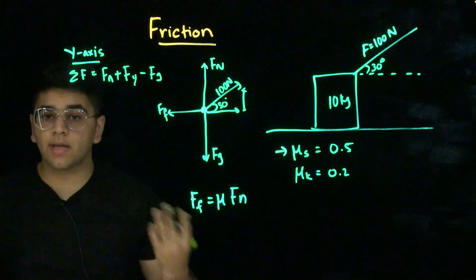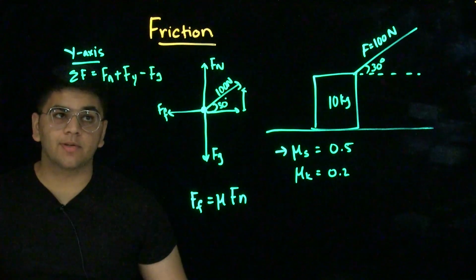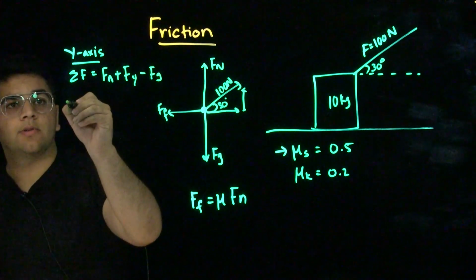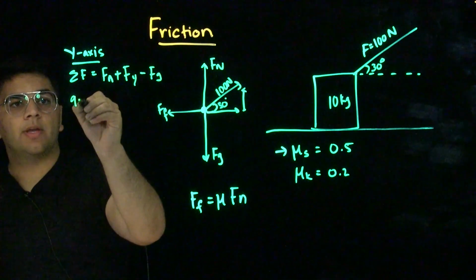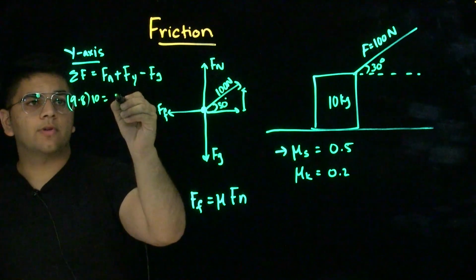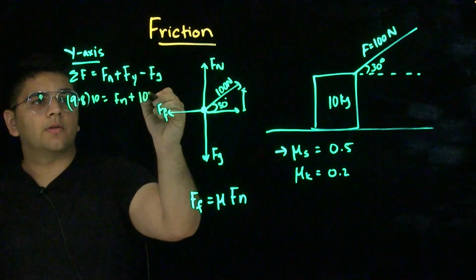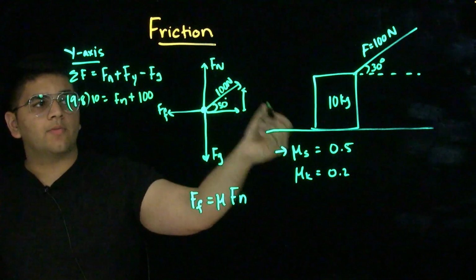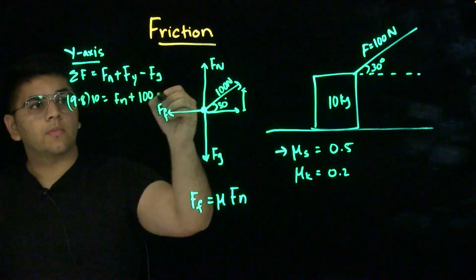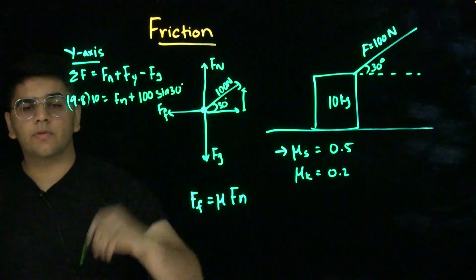Now, since the box is staying on the ground, not going through the ground or flying in the air, we know the sum of forces will equal 0. So we know the force of gravity, which is 9.8 times our 10 kilograms, equals the normal force plus the y component, which, if we do trigonometry, we have sine, so it'll be 100 times sine of 30 degrees.